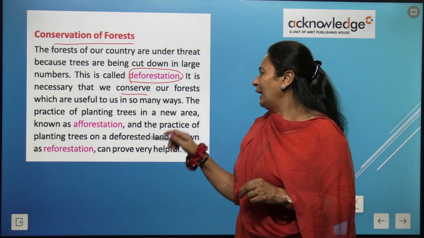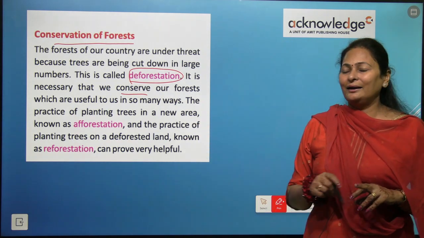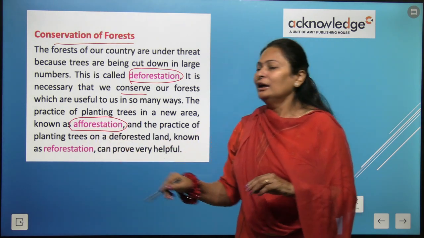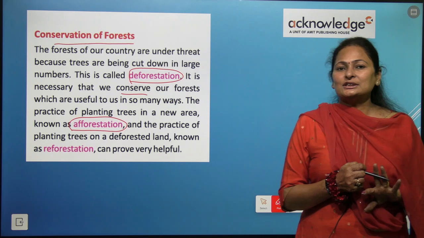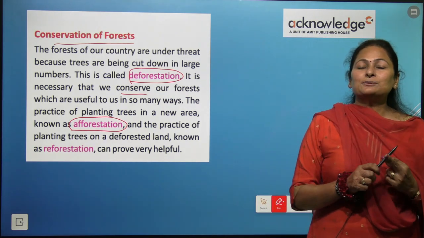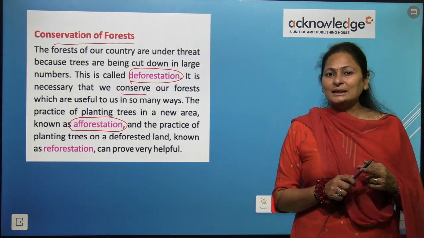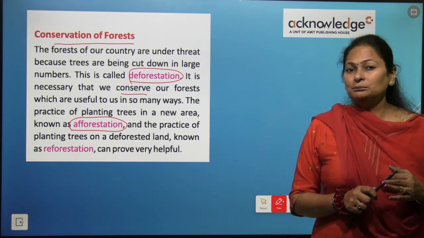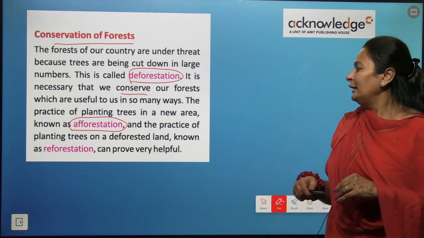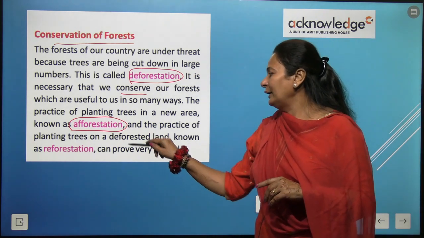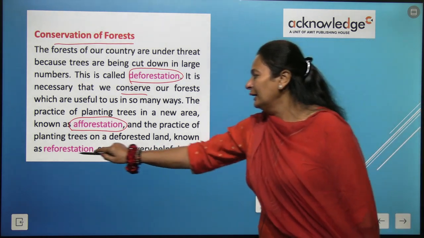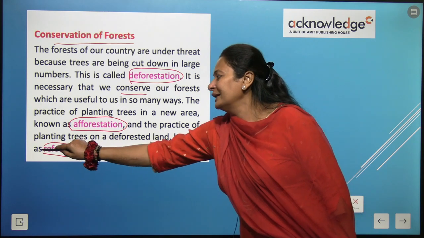The practice of planting trees in an area is called afforestation, right? Have you understood what is deforestation and what is afforestation, kids? Deforestation means cutting down the trees, and afforestation means planting more and more trees. And the practice of planting trees on a deforested land is called reforestation.